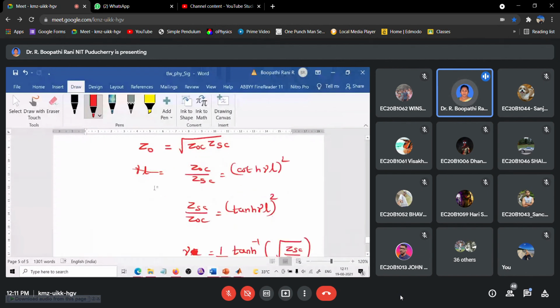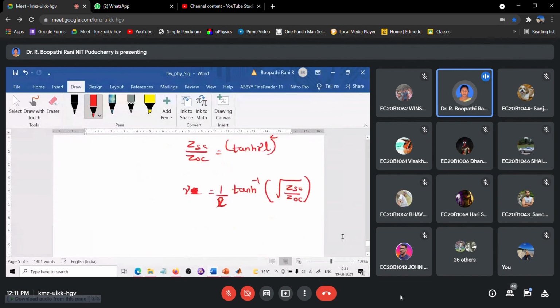And what is the relation with the primary constant Z0? How will you write? Z0 is root ZOC into ZSC. Z0 in relation to series impedance and shunt admittance, root of Z by Y, isn't it? Yes, ma'am.